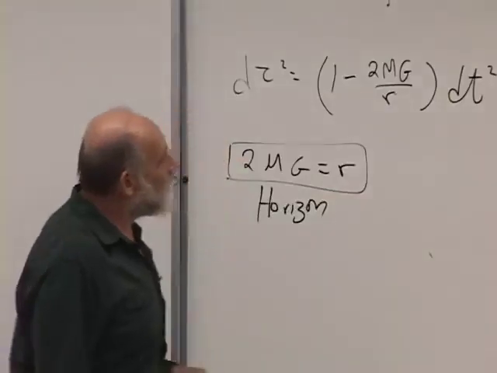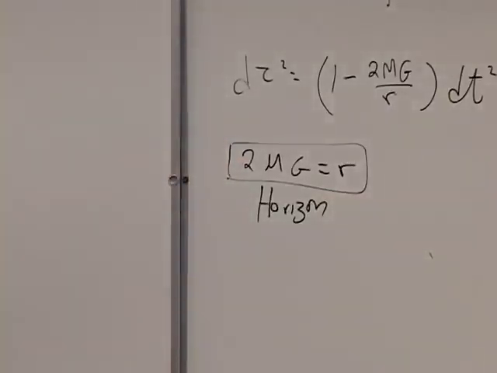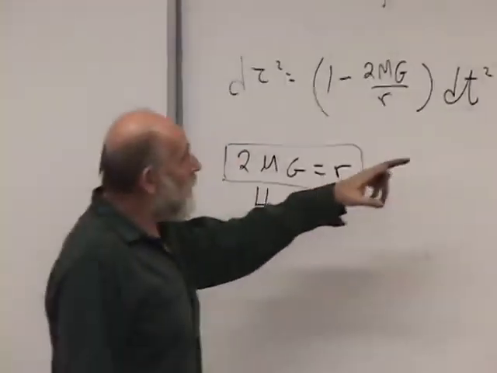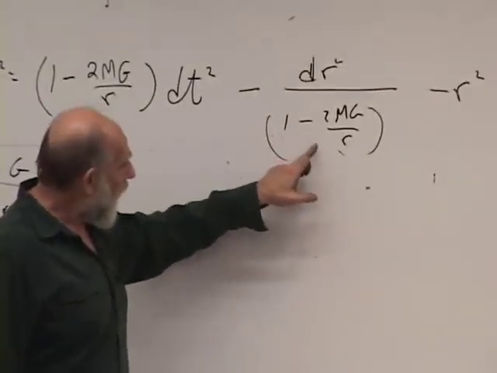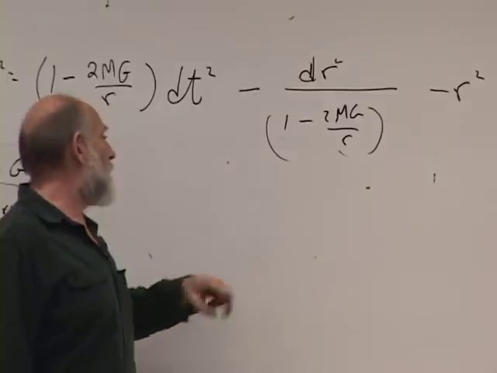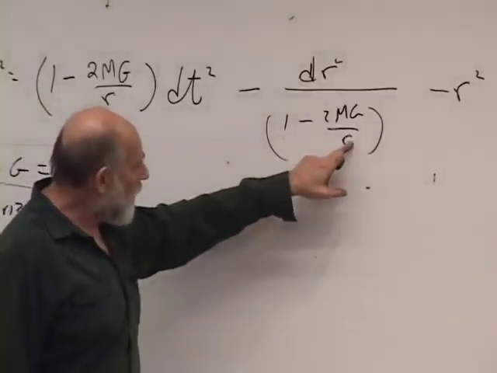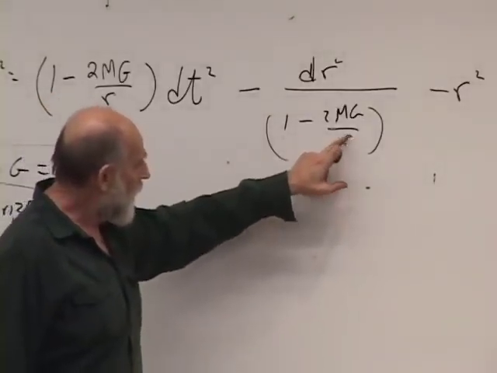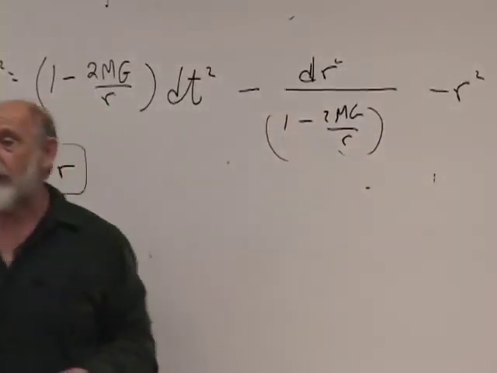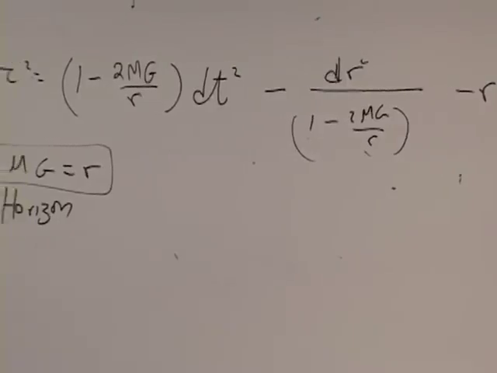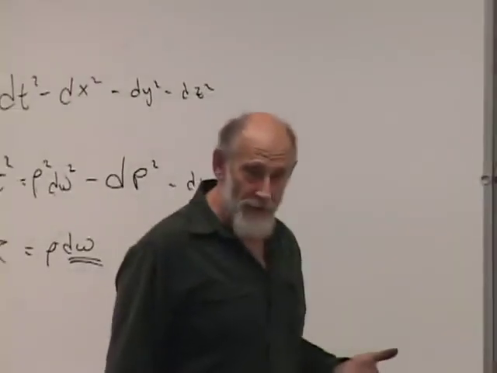So the coefficient of dt squared blows up with a negative sign. And the coefficient of dr squared goes to 0. Let's see. Yes, I think so. At r equals 0, what's in here becomes infinite, and therefore the coefficient of dr squared gets smaller and smaller, but also with the wrong sign.